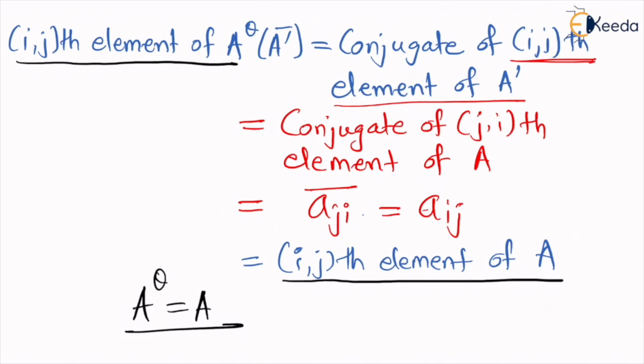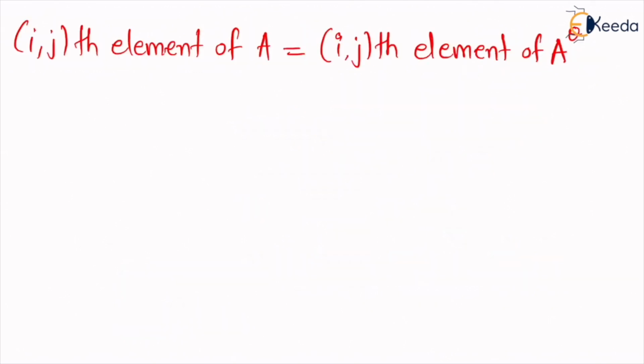Now let's see the converse. If I say that A theta is equal to A, I want to show that A is a Hermitian matrix. Let's see how we get that. I will start with this condition. This condition says A theta is equal to A, and that is why the ijth element of A theta will be equal to the ijth element of A. Now let's see what the ijth element of A theta is.